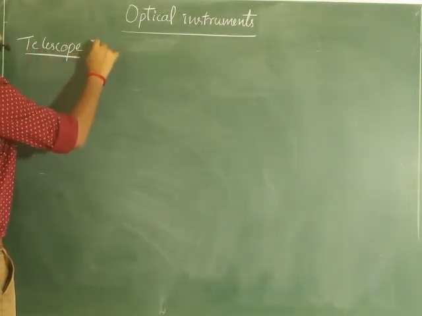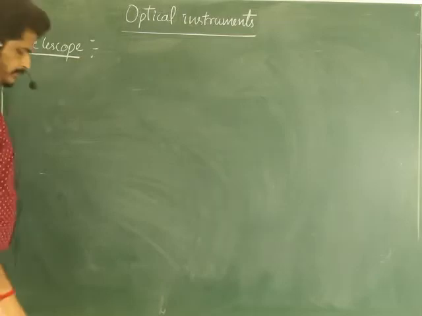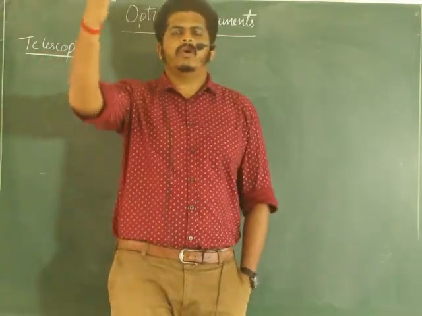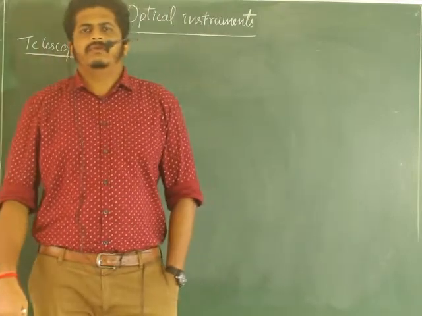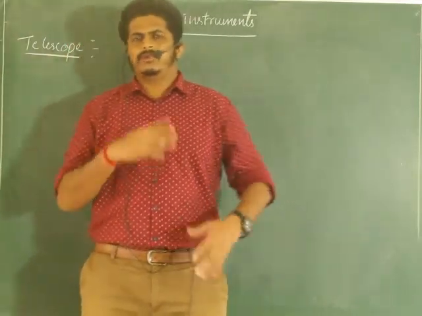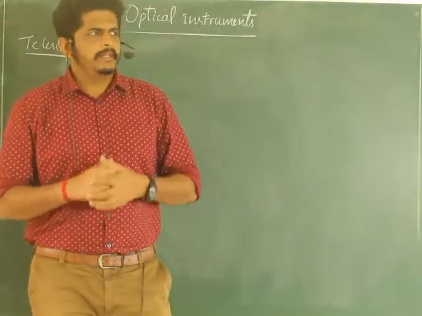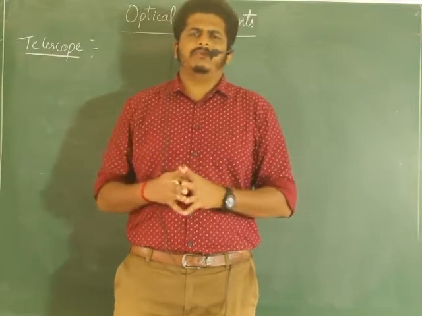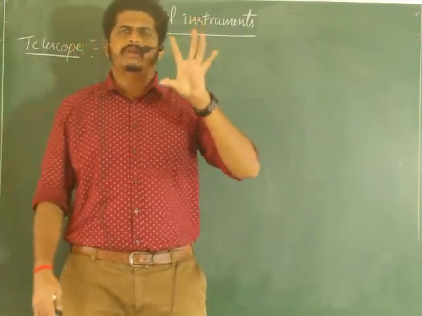So telescope means, of course, we can view far away objects, far away places very nearly. Those are the advantages, correct? In astronomy, we can view very far away galaxies.